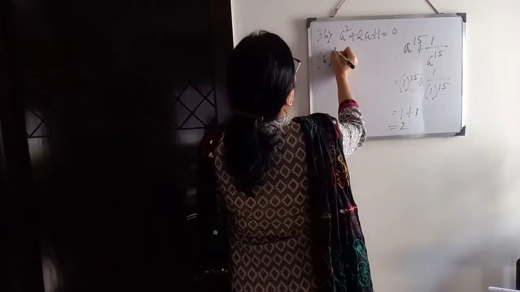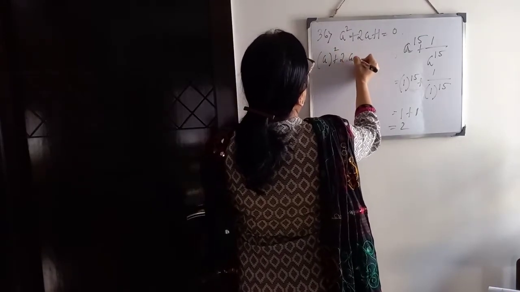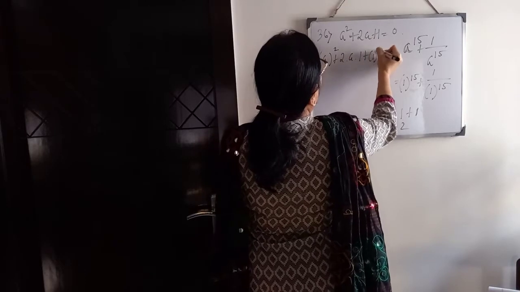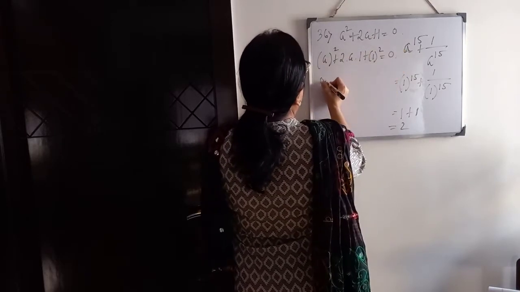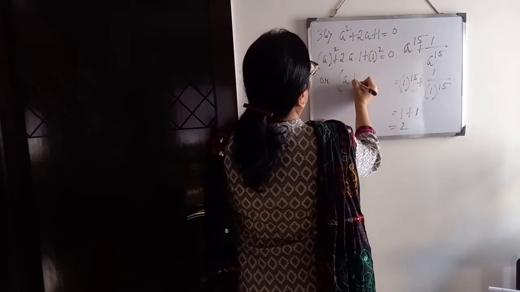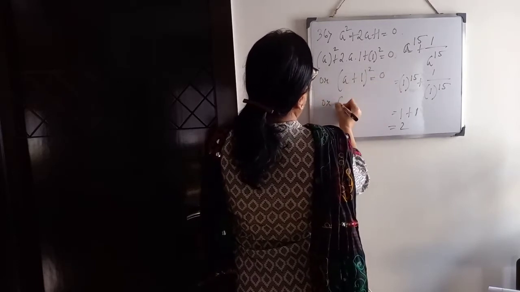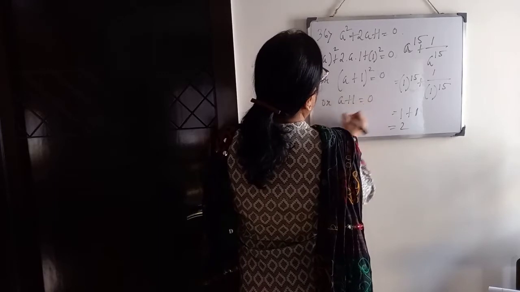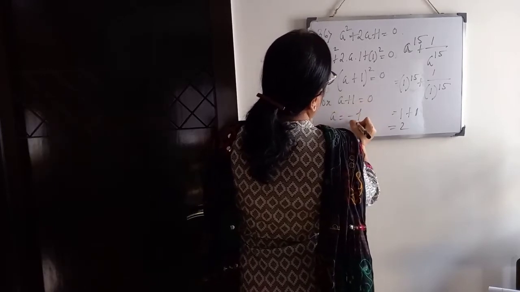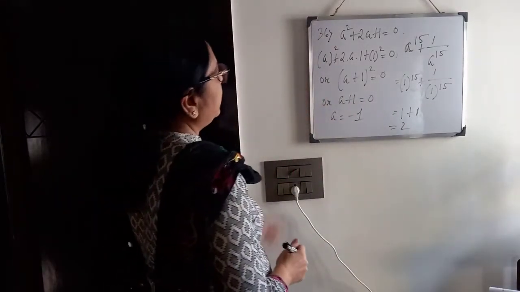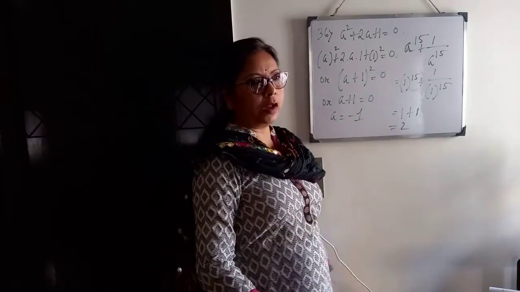We can write it in that form, 2 into a into 1 plus 1 square equal to 0. It is not given in your book, but I am telling you. Then a plus 1 is coming 0, and the value of a is coming minus 1. Clear? In this case, your answer will come 2.